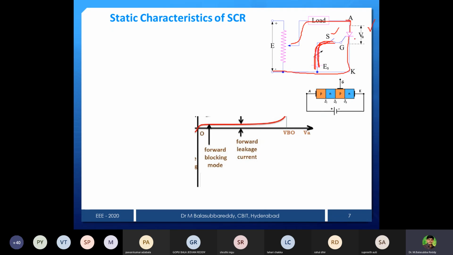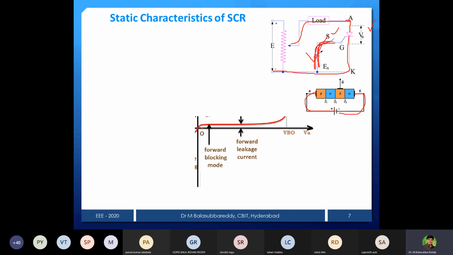One terminal is connected to the anode, the other terminal to the cathode. I used these small diagrams for explanation purposes only. In an exam, it is your choice whether to use them. You can use this circuit, and drawing the complete characteristics is also sufficient.